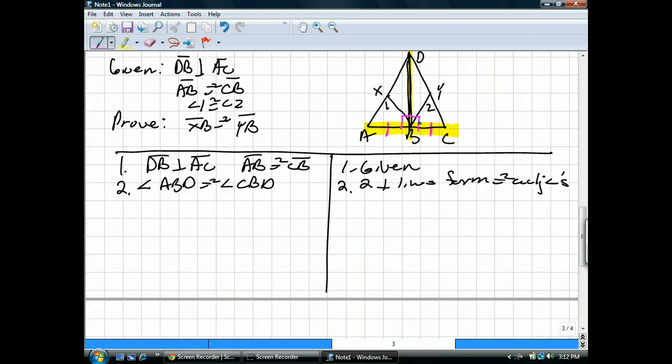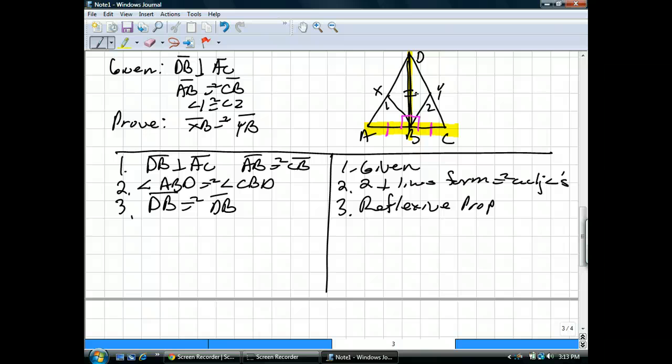And so I have a side and angle, and so then I can get a side of the big triangle by saying that DB is congruent to DB by reflexive property. Okay? So in this case, we're proving the two big triangles congruent first, and then we're going to use parts of the big triangle to prove the smaller triangles congruent.